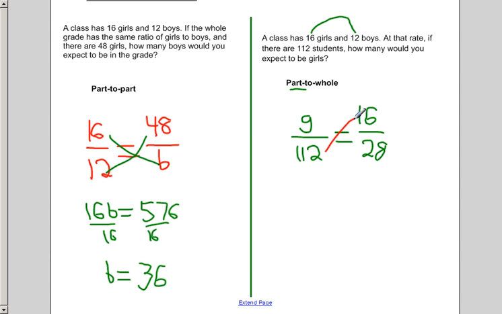So when we cross multiply, we have 28G equals 112 times 16 is 1792. Then we need to divide by 28.